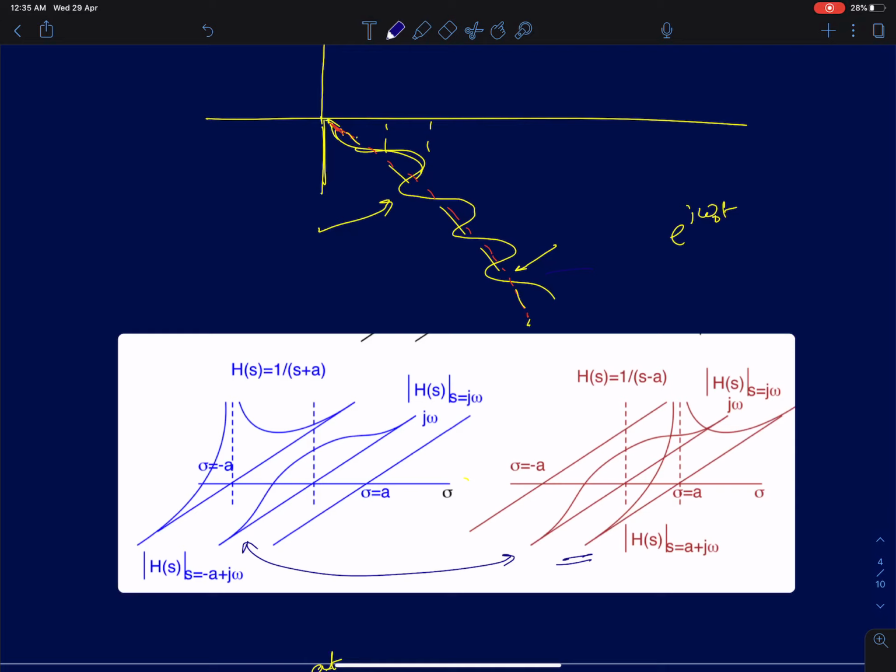Whereas for the left of plane pole system, which is a stable system, we can directly use the frequency response analysis to predict the output in the steady state, because the contribution from the poles, the natural response, is eventually going to decay down to zero, so it won't matter in the steady state. But for the right of plane pole, the natural response is just going to grow unbounded, so that's going to dictate the fate of the system.